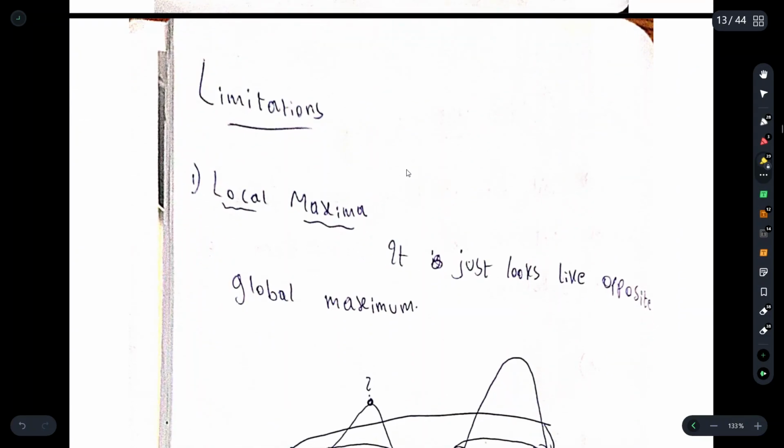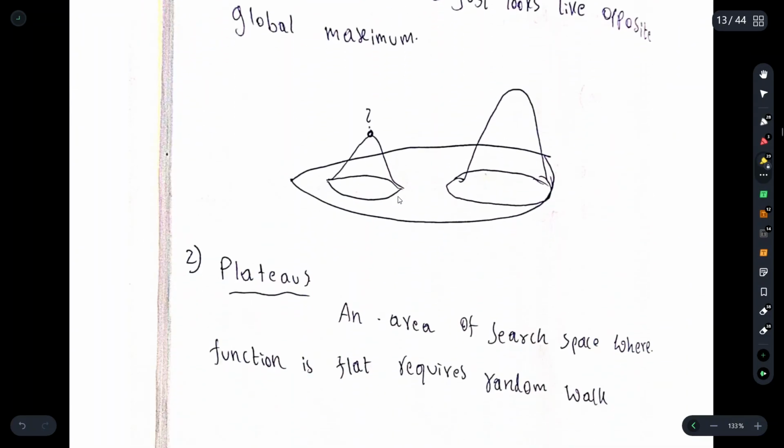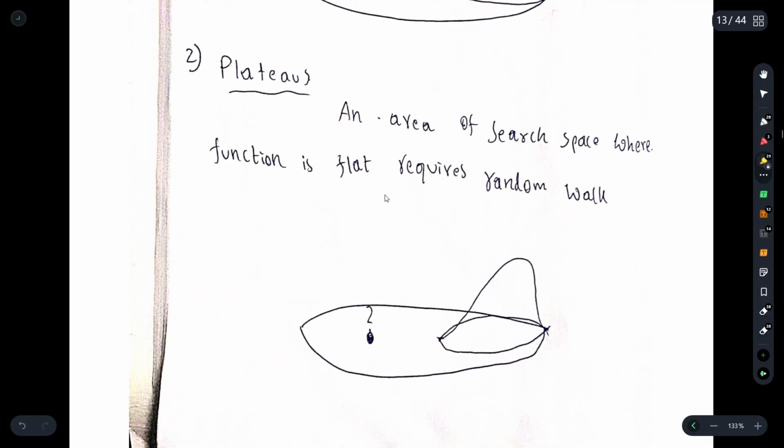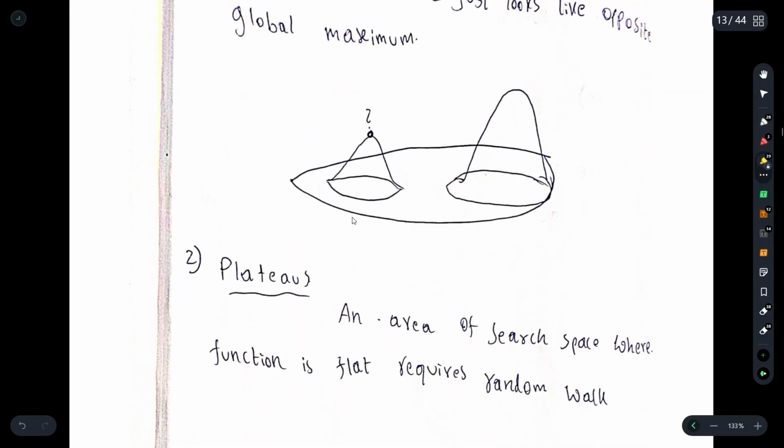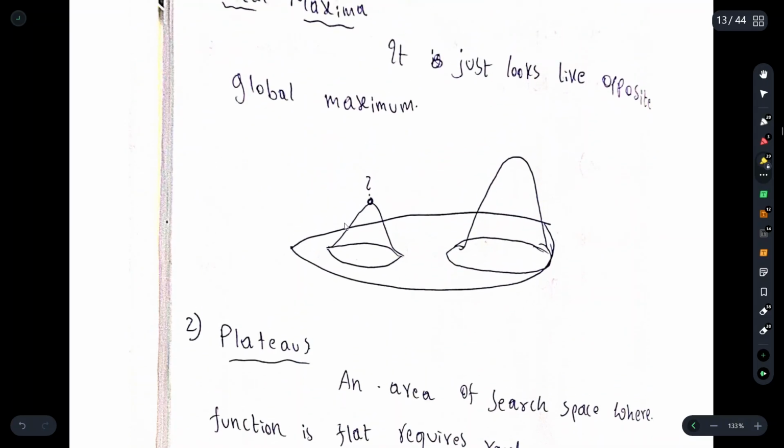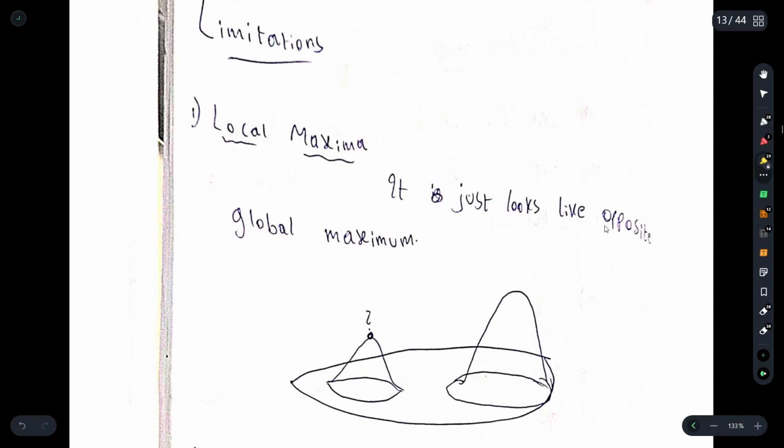Limitations: local maxima looks opposite to a global maxima. Plateaus: the area of the search space where the function is flat requires a random walk. Sometimes two hills may look similar from a particular distance, but that is known as a local maxima. We didn't reach our solution, we are at some other place.